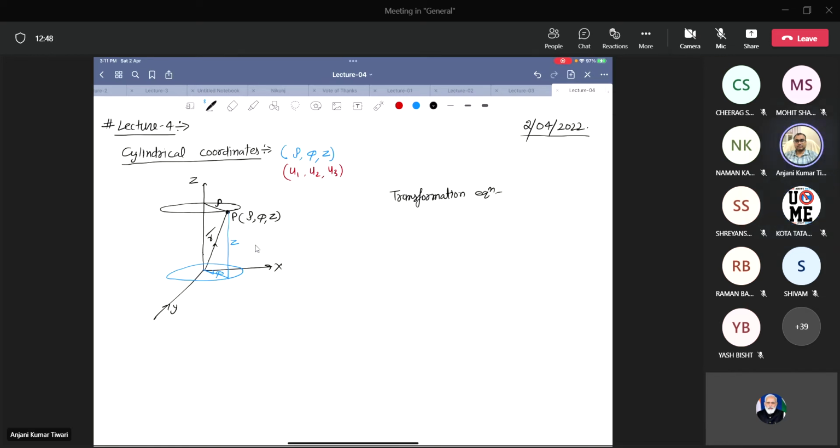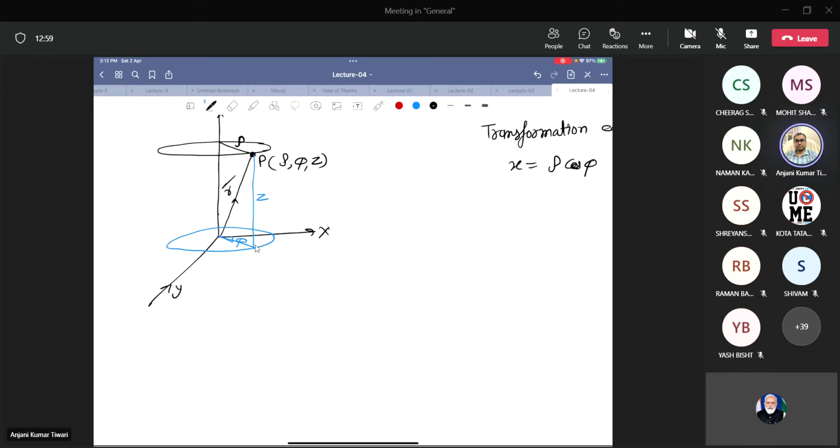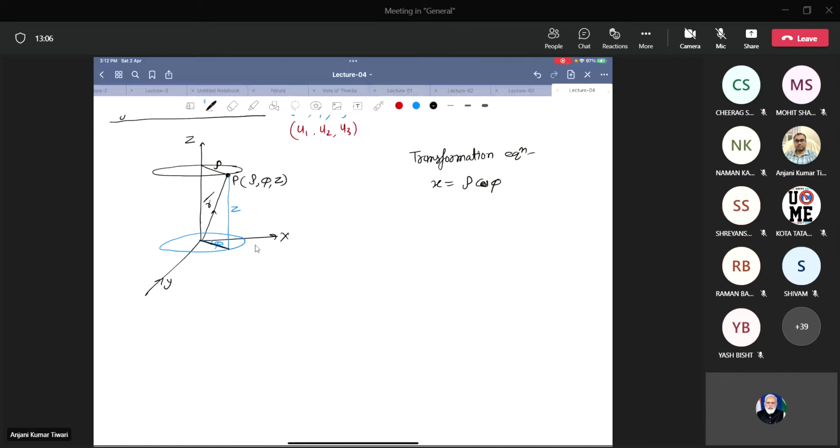So what is x here? X is rho cos phi, because this length is rho, so its projection in the x direction is rho cos phi. What is y here? Y is rho sin phi, and z is of course z.